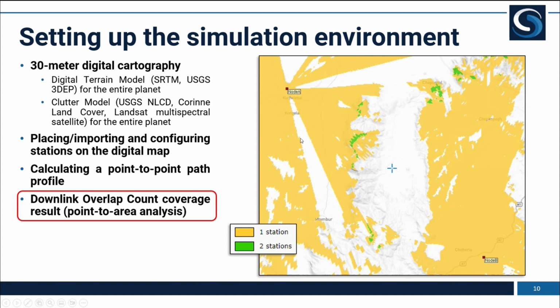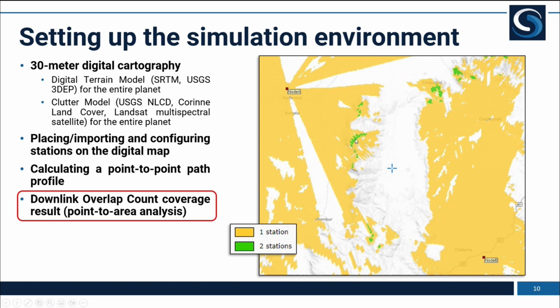Orange is representing where only one node, one station, is offering line of sight coverage, and green is representing where you have the overlap coverage between the two stations. So basically all the green areas, in the pixelated areas, these represent where a potential relay could be placed.